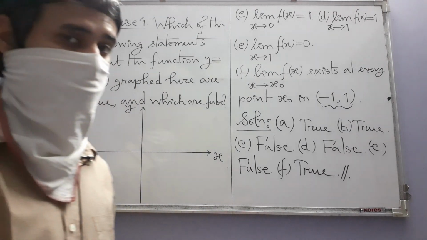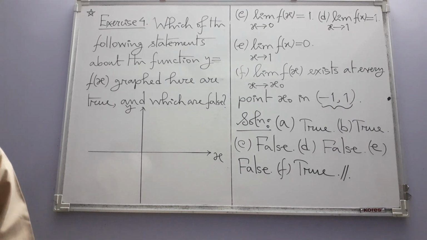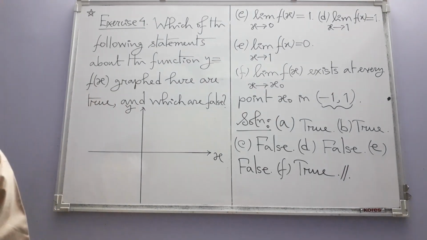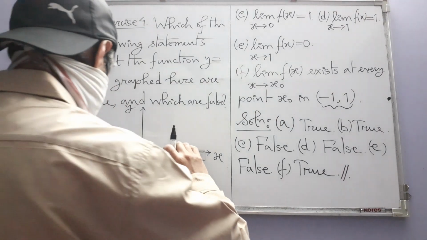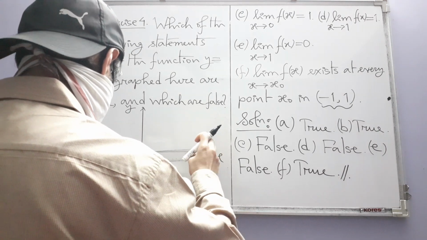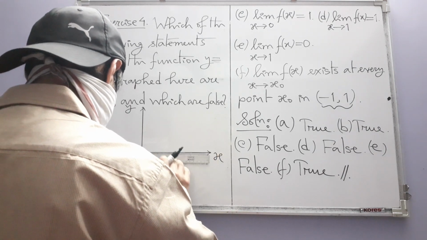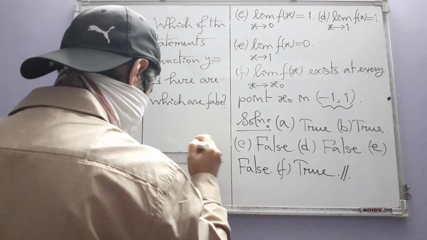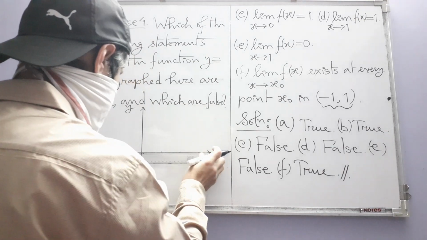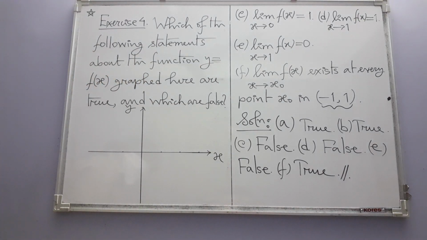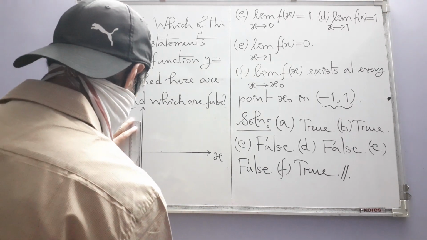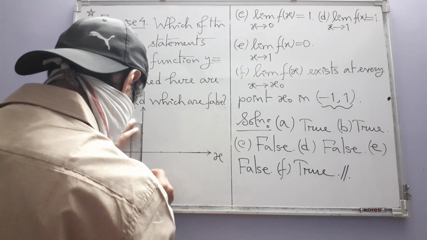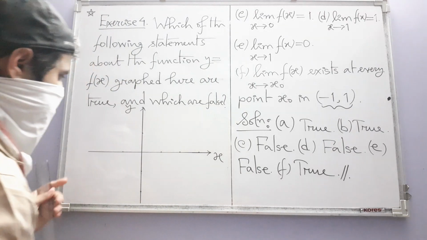So in this case the points are going to be -1, 1, 2, 3, and on the y-axis I will need 3 points, 1, -1, -2.